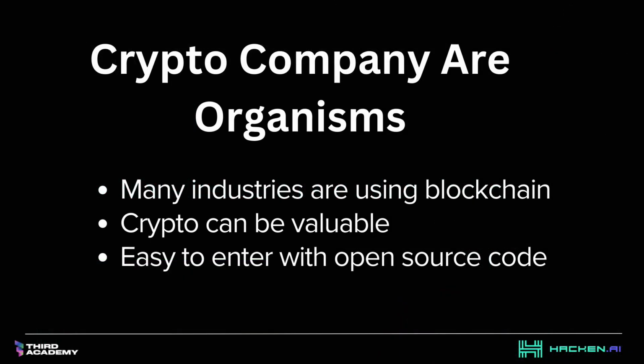Crypto company as an organism. Blockchain development happens tremendously fast. One reason for that is its usefulness in many industries like finance, art, or supply chain. Another reason is that crypto transactions have value behind them, and value attracts people. Third is open source code.